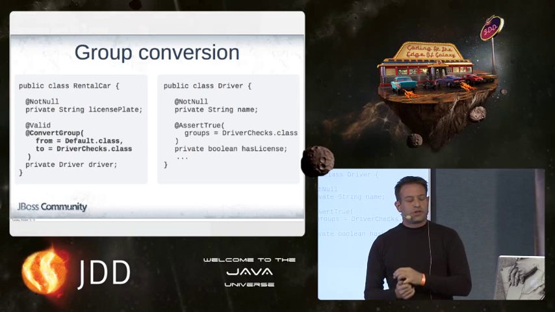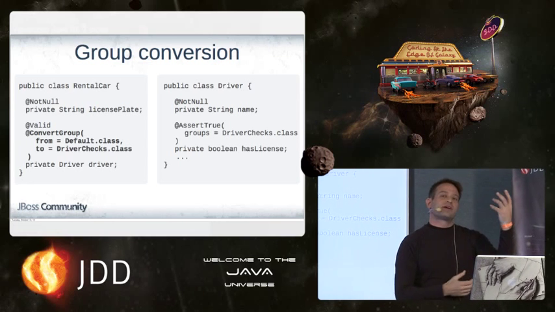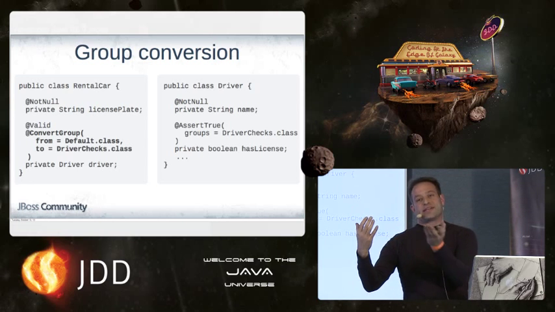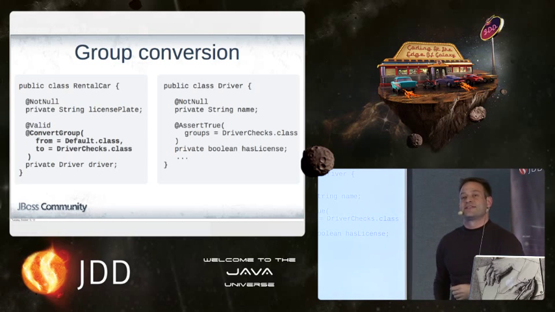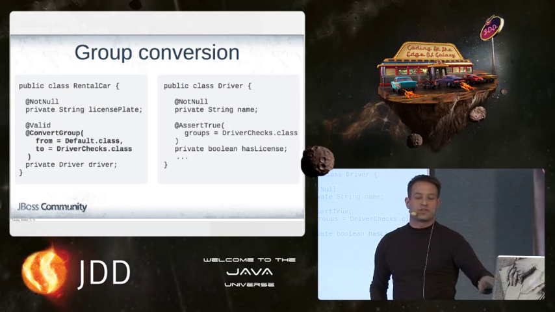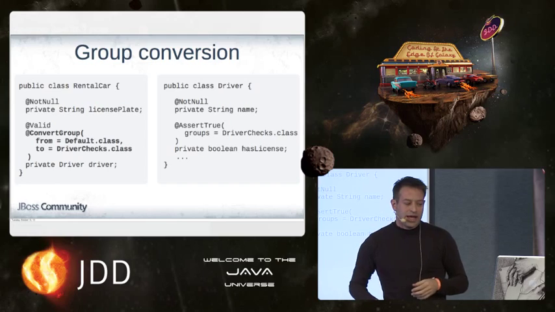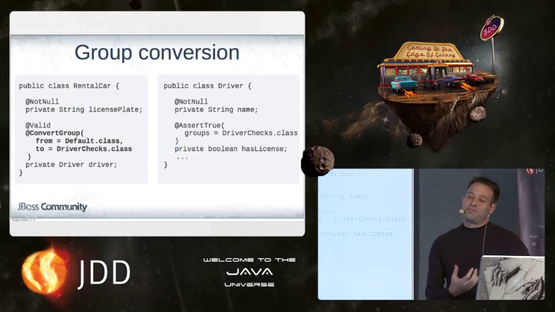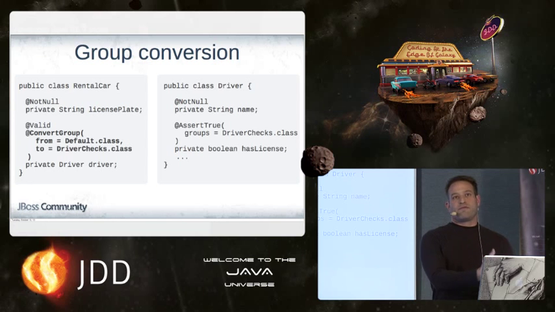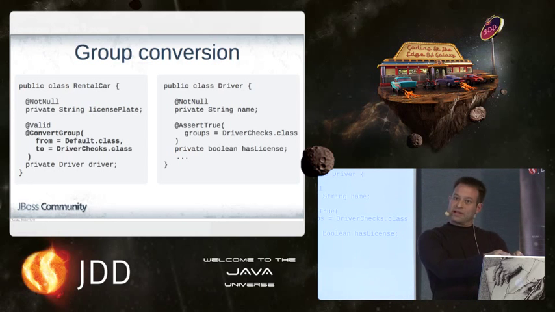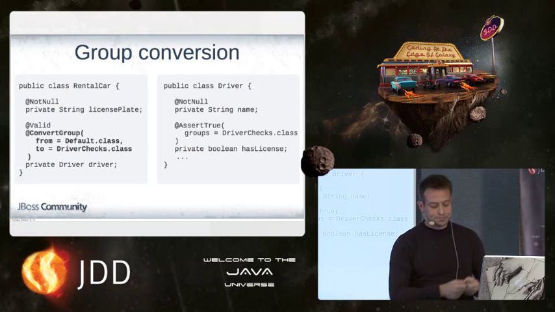So what happens if I validate my rental car instance in the default group, and I only want to target, in the cascaded validation, the hasLicense of the driver? I don't care about the other constraints on the driver. I just want to make sure that this guy has a driver license. I could not really express that because @Valid basically just said, okay, validate this reference in the default group, because rental car is validated in the default group.